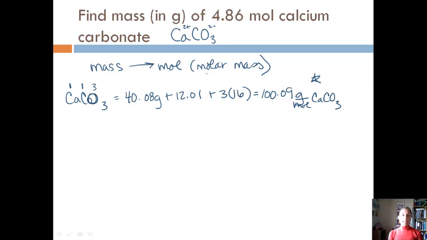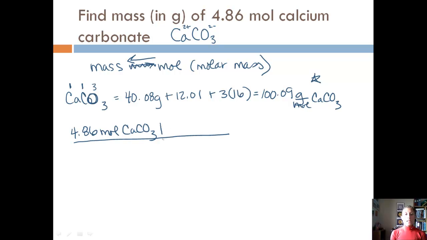So we're going to use that to go from mass to moles. I just realized we're going the opposite direction. Whoops, we're going moles to mass, but it's the same conversion factor. So let's start with 4.86 moles of calcium carbonate. Set up our dimensional analysis.